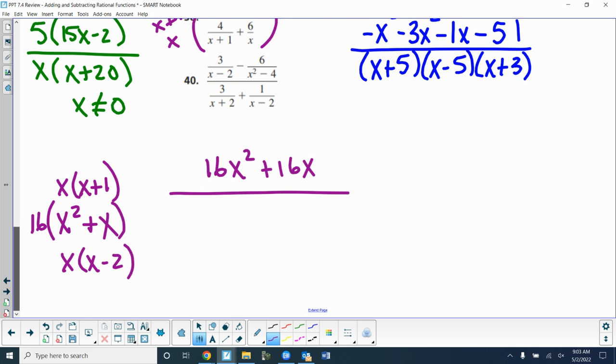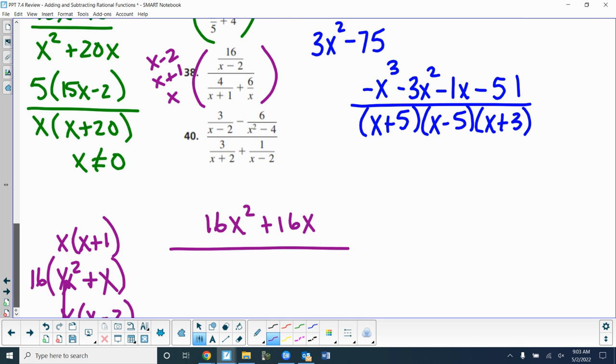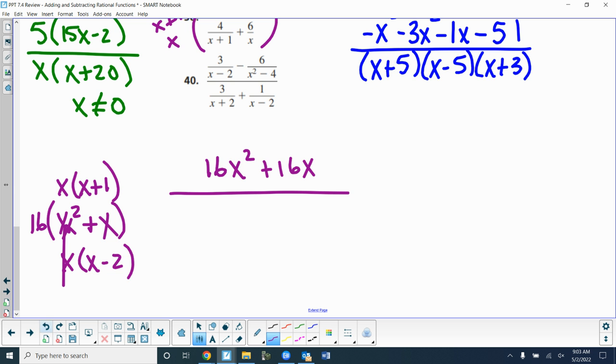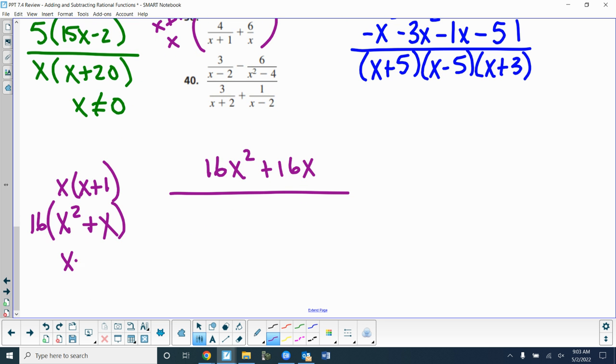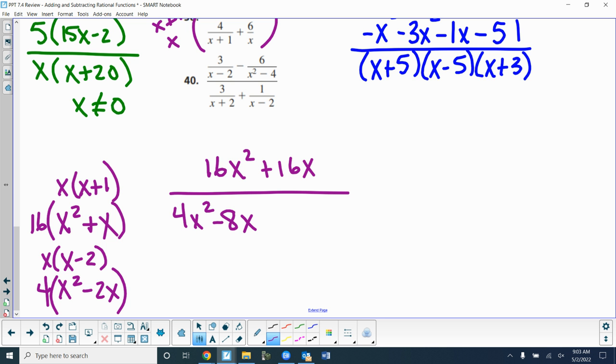Which is x squared minus 2x, right? And I got to multiply that by 4, so that's 4x squared minus 8x, right?